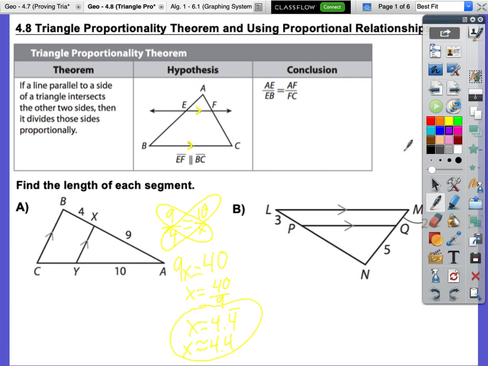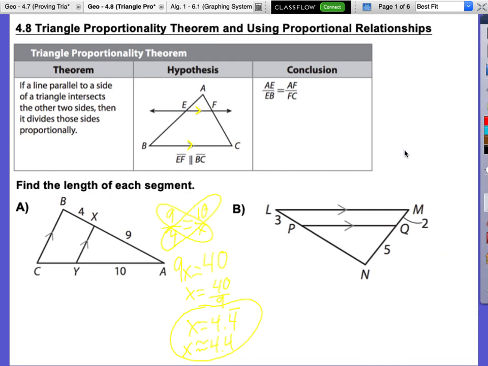Okay. Hey, who can tell me how we can set this up? Okay, Aubrey. So you're gonna do 5 over 2, and then x over 3. And these are going to be equal to each other. This would be a good setup. We could do 5 over 2 equal to x over 3. Does it matter which way I set it up?